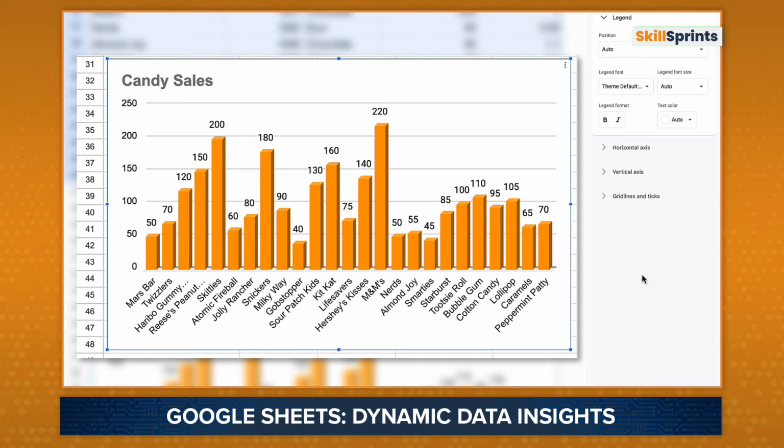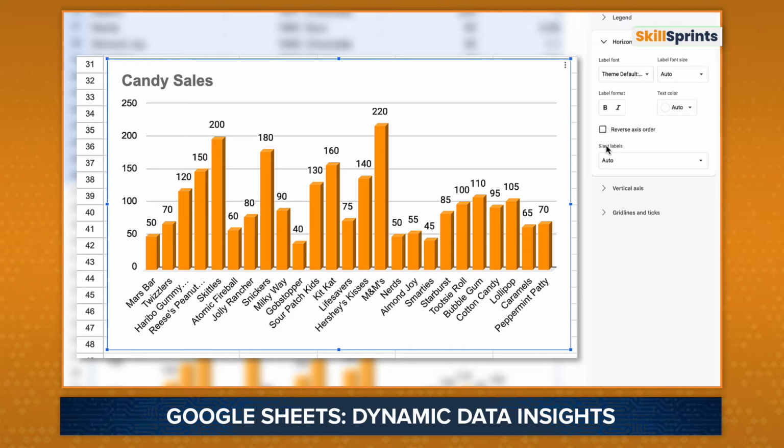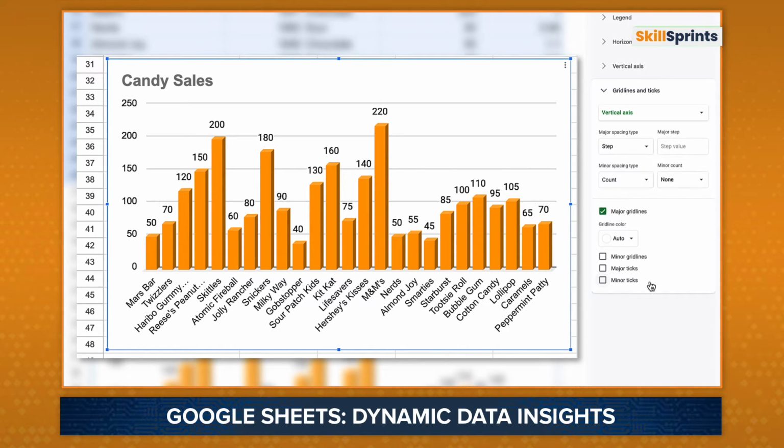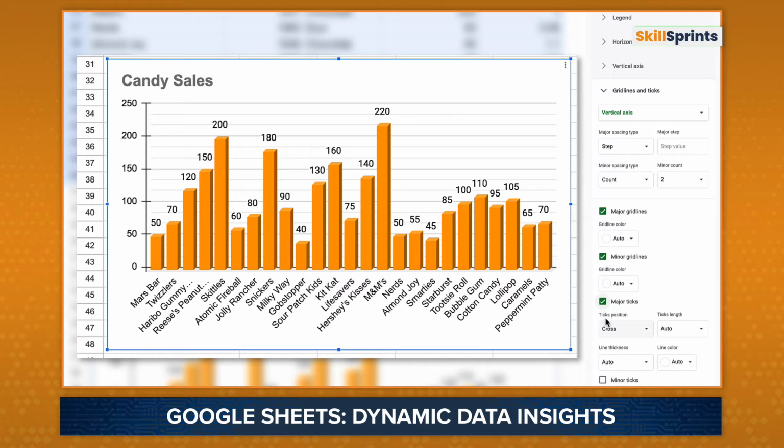Here, we can change how the legend appears and individually adjust the horizontal and vertical axis. And we can change the way the grid lines and ticks appear. For example, we could add minor grid lines and major ticks and minor ticks, making it a little easier to measure the data visually.